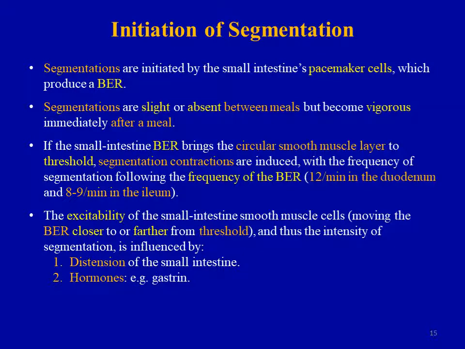Other factors that influence the excitability are hormones, for example gastrin, and not to forget the extrinsic nerve activity in the form of parasympathetic and sympathetic modulation of the enteric nervous system. And we know very well that the parasympathetic is the main modulator of the enteric nervous system in the alimentary canal.